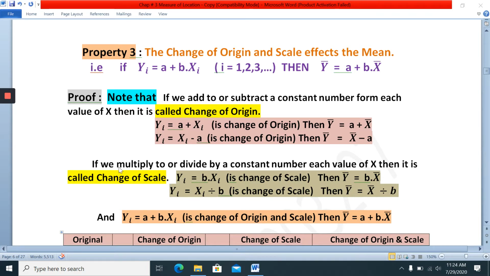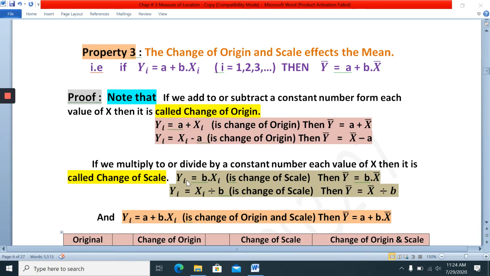Now, if we multiply or divide each value of x by a constant number, then it is called change of scale. Change of scale means if you multiply something with x or divide x by something.